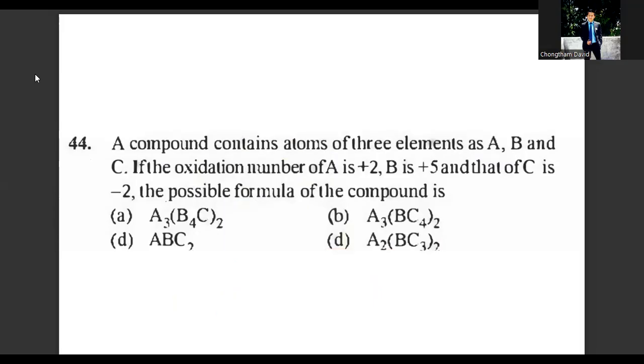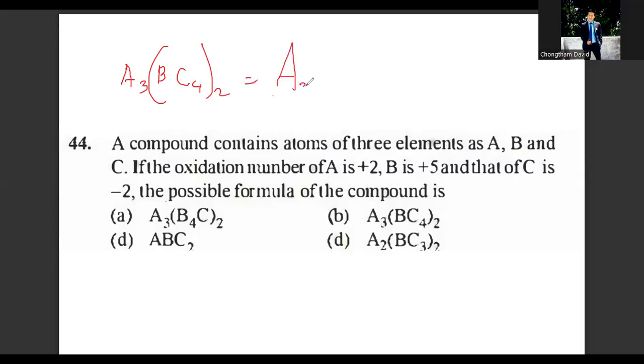A compound contains atoms of 3 elements A, B, and C. If the oxidation number of A is plus 2, B is plus 5, and C is minus 2, the formula of the compound will be. The sum of the oxidation states must be equal to 0, which is given by the formula A3 (BC4)2.